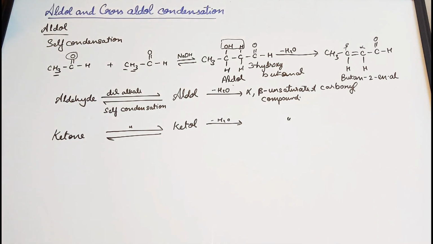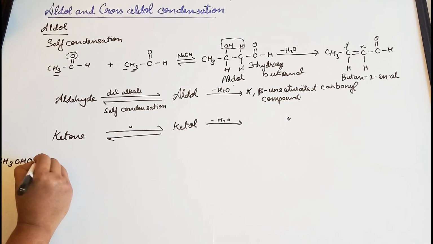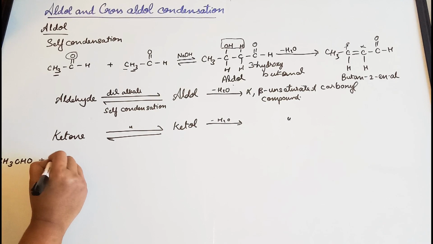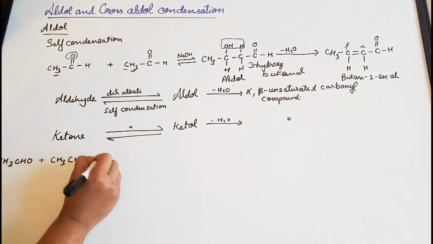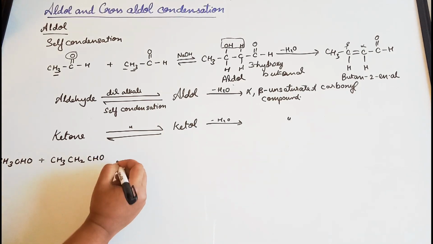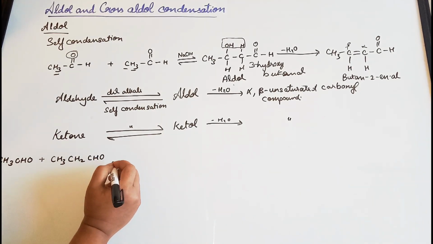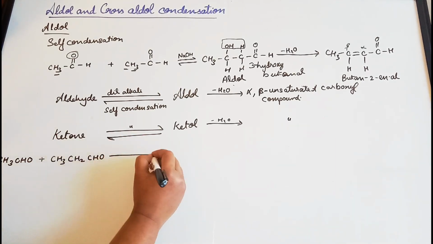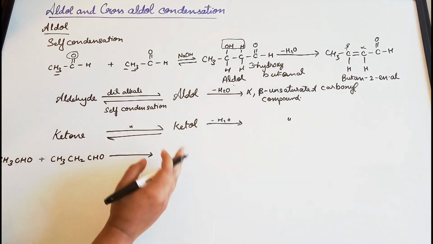So let's take the example of CH3CHO, that is ethanal, reacting with CH3CH2CHO, which is propanal. There are 4 products which are formed, and we are directly talking about the end products. We're not talking about the aldol or ketol. We're talking about the alpha beta unsaturated carbonyl compounds.